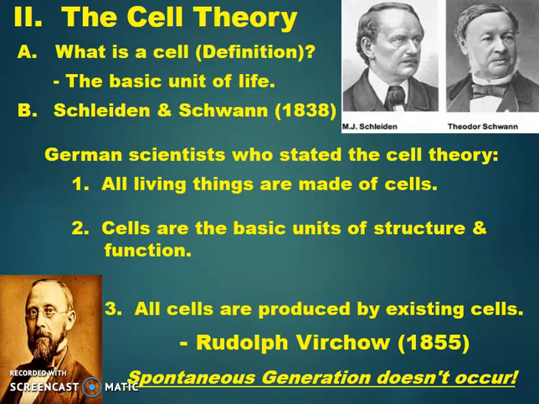All right, that contradicted something called spontaneous generation. Spontaneous generation refers to the idea that cells can just pop out of nowhere over time. A lot of people believed this for thousands of years, actually, and some people even today. All right, what Rudolf was trying to say was, he wasn't trying to explain how cells were first created.